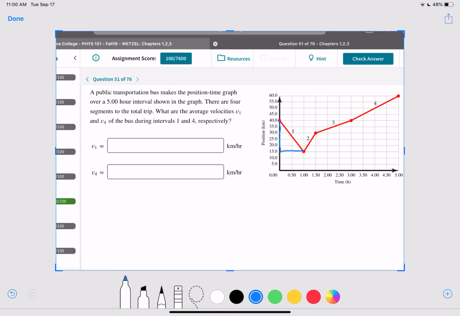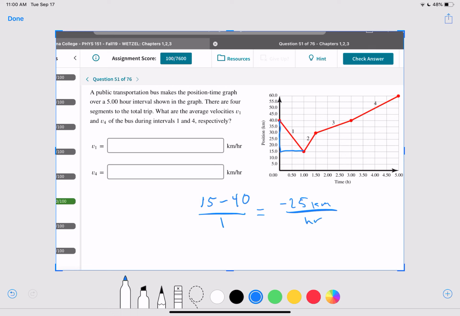So you're going to do the rise over run here. You're going from 15 as your final, minus 40, that's your initial, divided by the time, 1 hour. So you're going to have negative 25 kilometers over 1 hour.